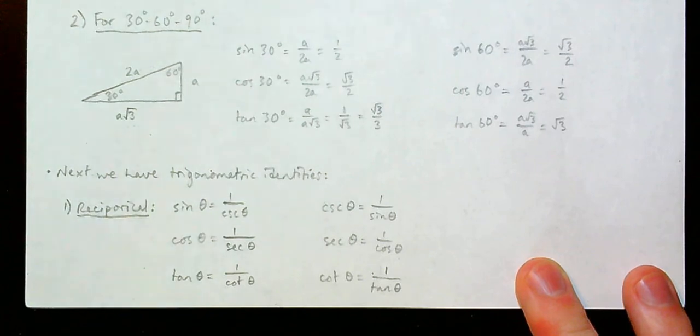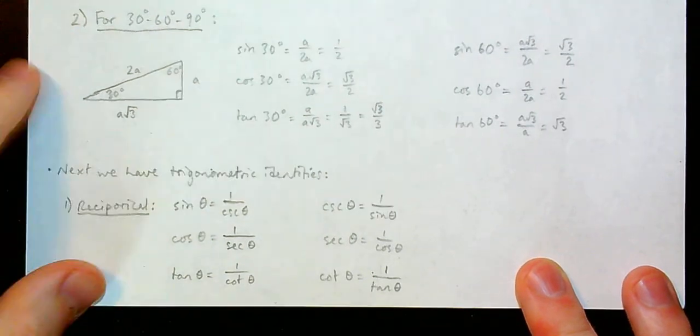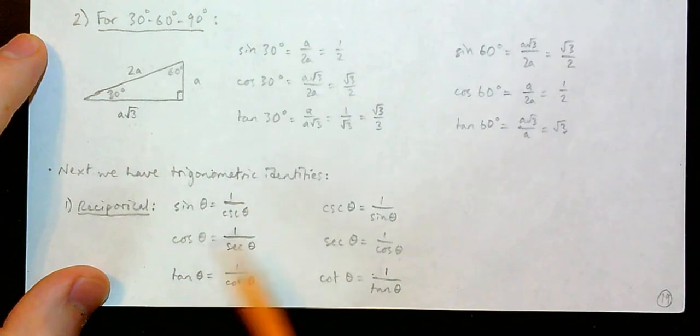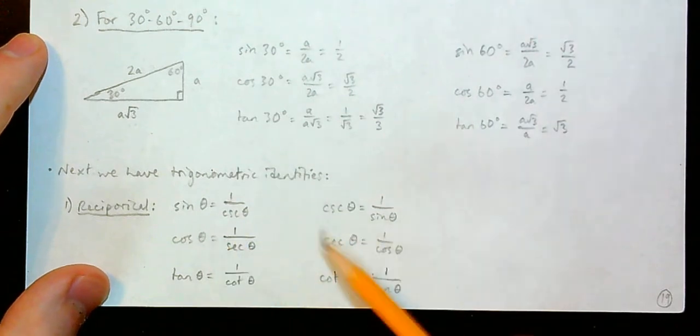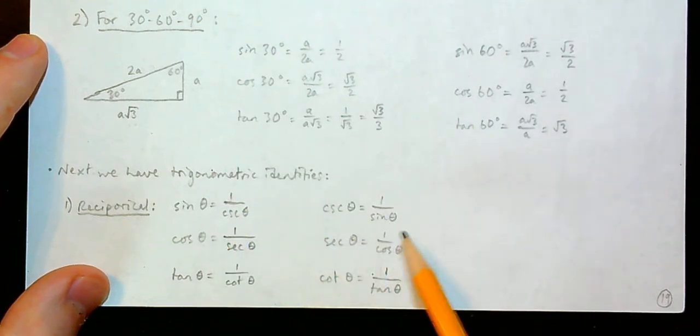Likewise, to get sine, you can take cosecant and flip it. What does that mean? Sine is 1 over cosecant, or cosecant is 1 over sine. And we have the same kind of thing happening with cosine and secant, as well as tangent and cotangent. Take one, flip it, you get the other.